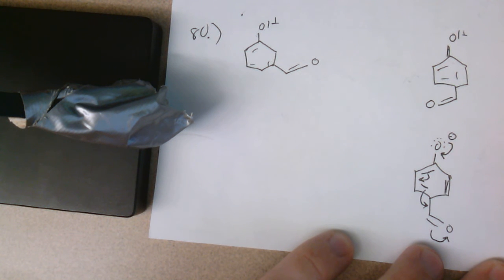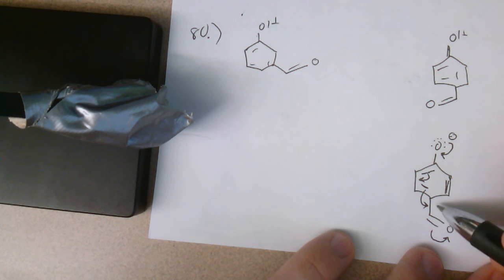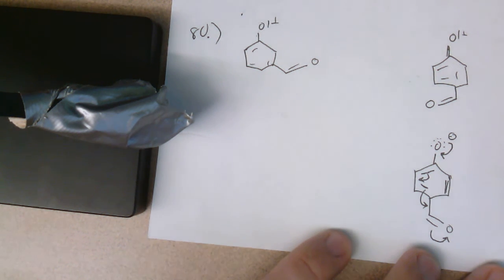So I get this special sort of quinone-like resonance form that looks like this, or resonance structure, right? I had a new double bond here, then this came down and made a new double bond to this carbon, and then that has just a single bond to my oxygen with my negative charge.